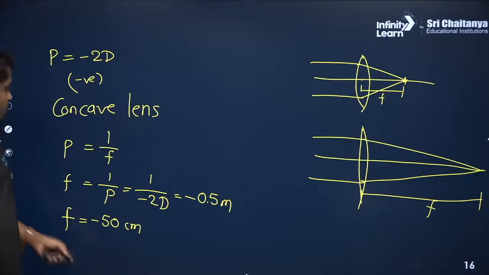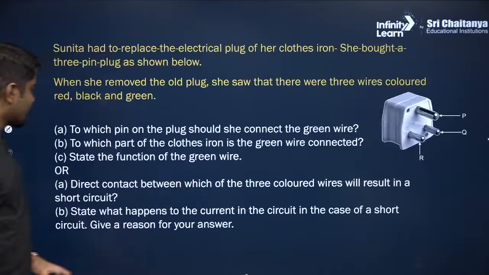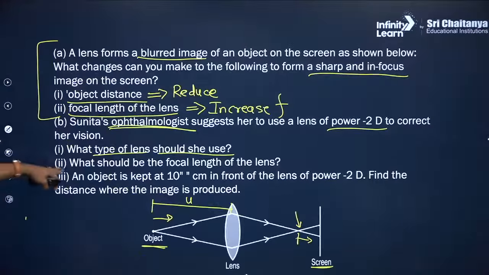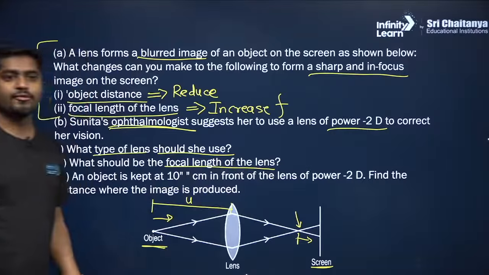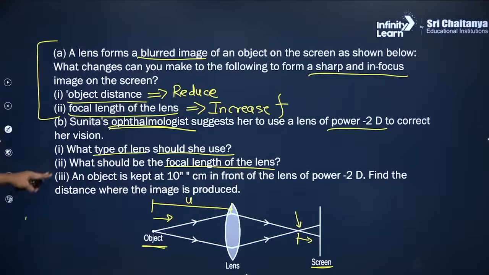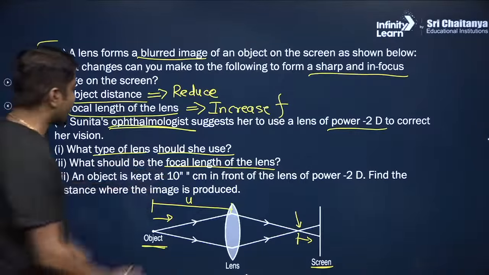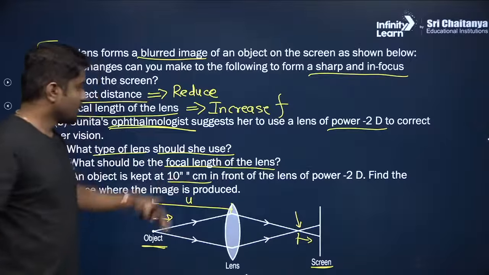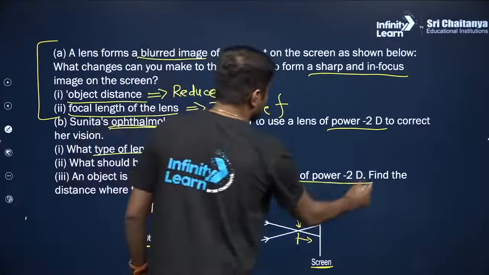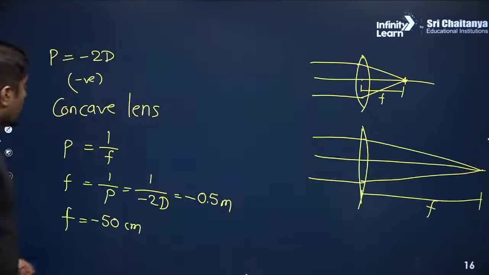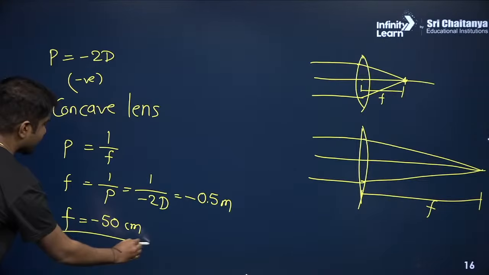Okay, so there is the second question, answer for it. Focal length is -50 centimeter. And the third one, object is kept at 10 centimeter in front of the lens. The power of the lens is -2 diopter. So we have already checked the focal length is -50.